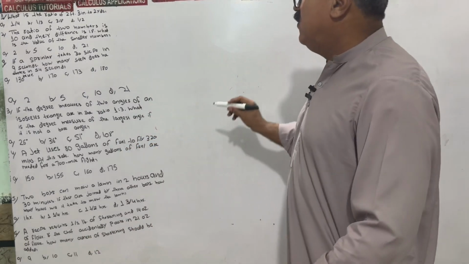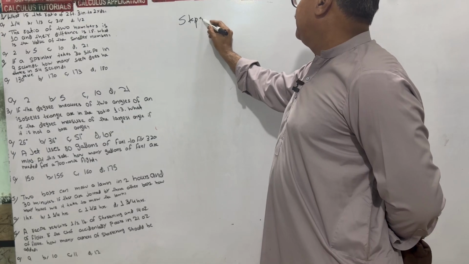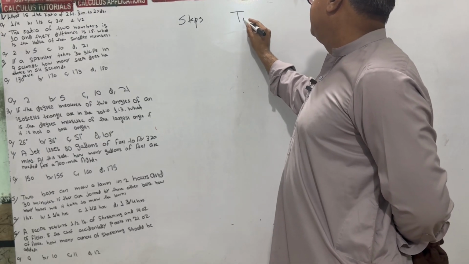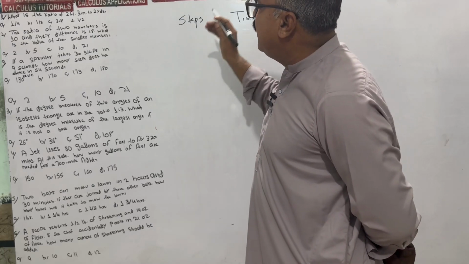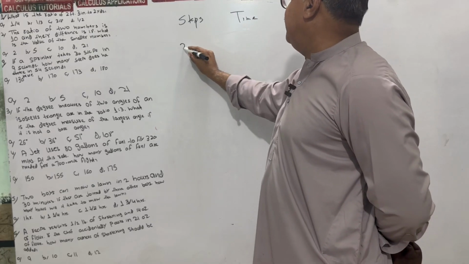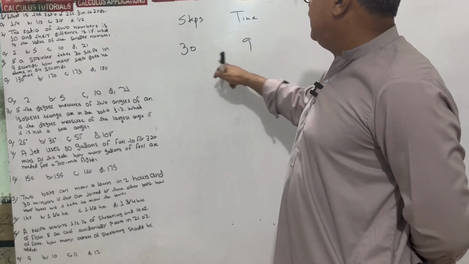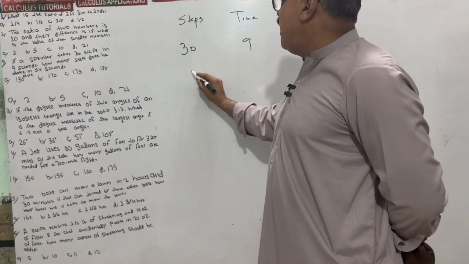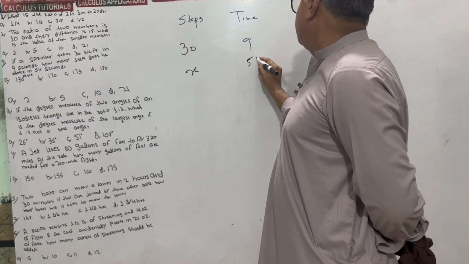Steps and time. How many steps have I been given? 30 steps in 9 seconds. How many steps are to be taken by the sprinter in 54 seconds?